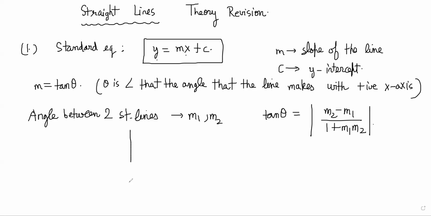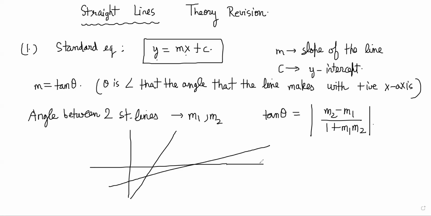How does this come? You can just simply draw a diagram, and let's say these are my two lines. This has slope m1 and this has slope m2. And the angle between them is this small angle. You can see here, this is the point P. This angle is what we need.